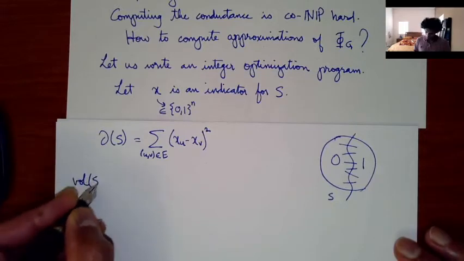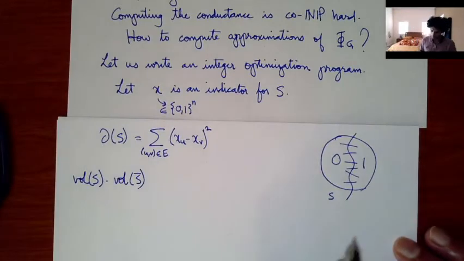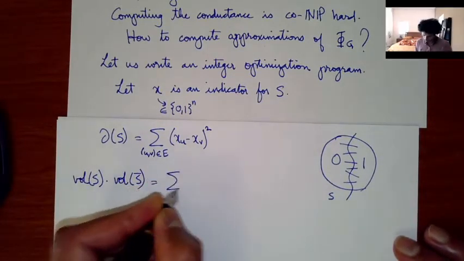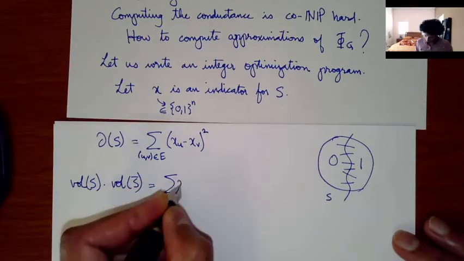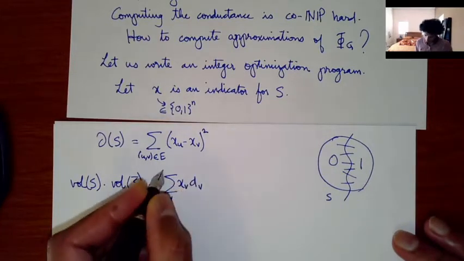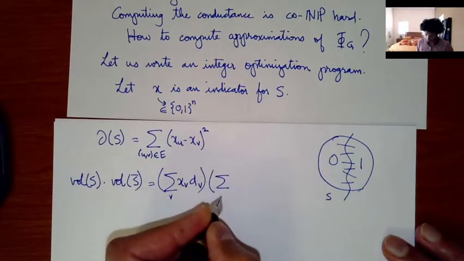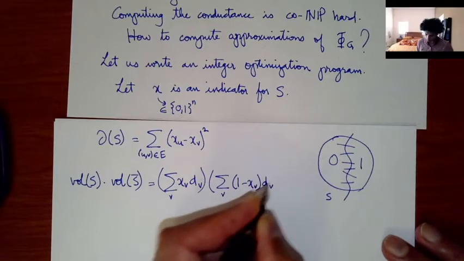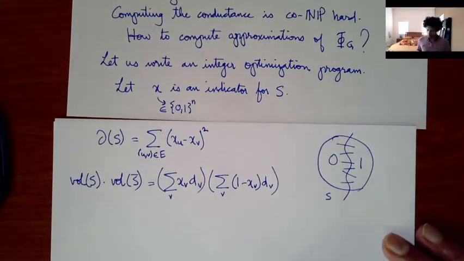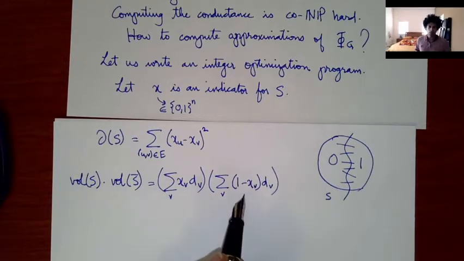Now let's look at the volume of S times the volume of S complement. We can write this as the summation over all vertices of xv times dv, times the summation over all vertices of (1 minus xv) dv. The first would be the volume of the set, and the latter the volume of the complement.